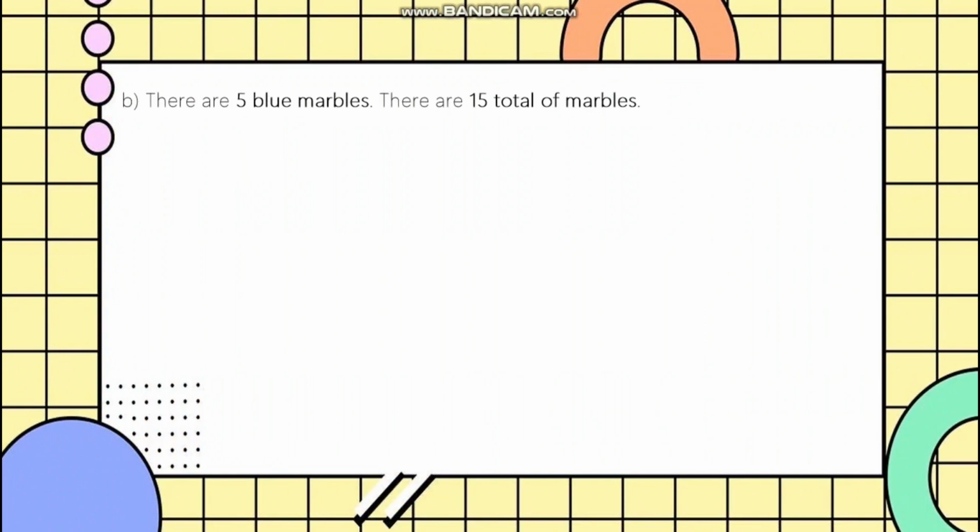Next is B. The probability of getting blue is equal to 5 over 15 because there are 5 blue marbles and a total of 15 marbles. Then the probability of getting blue after blue is 4 over 14. Again, both of these numbers were derived from the probability of getting blue, but one is subtracted because the first marble is already taken.